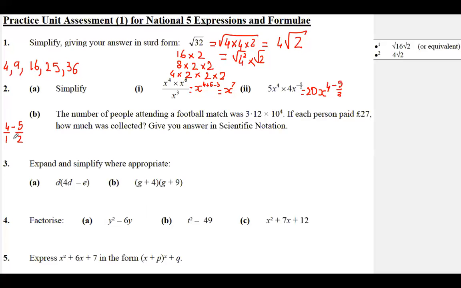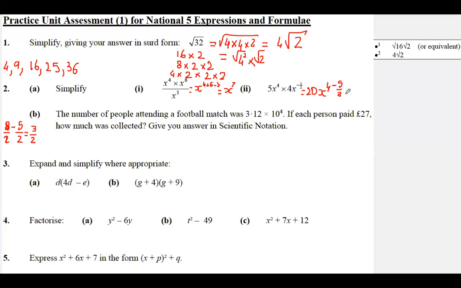Yeah, so 8 minus 5 is 3. Or you can just say, I'm going to times this bottom by 2. That will give me 2. And I'm going to times this one by 2. That's going to give me 8. And now you've got the common denominator. And 8 minus 5 is just 3 over 2. Okay? And now you've got 4 minus 5 over 2, which is just 3 over 2.